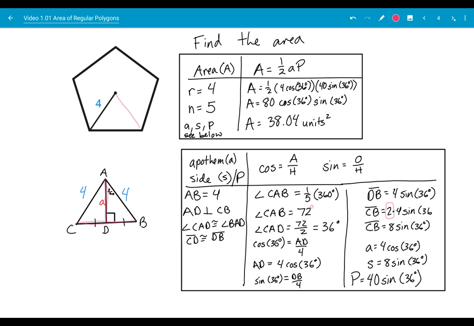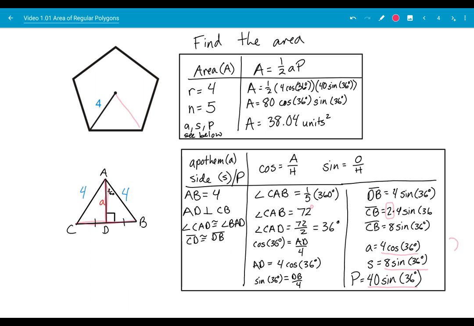Once I know the side length and I know the apothem, it might be helpful to just multiply our side length by 5 to get our perimeter. So 8 times 5 gives me 40, and 40 sine of 36 degrees gives me the perimeter.